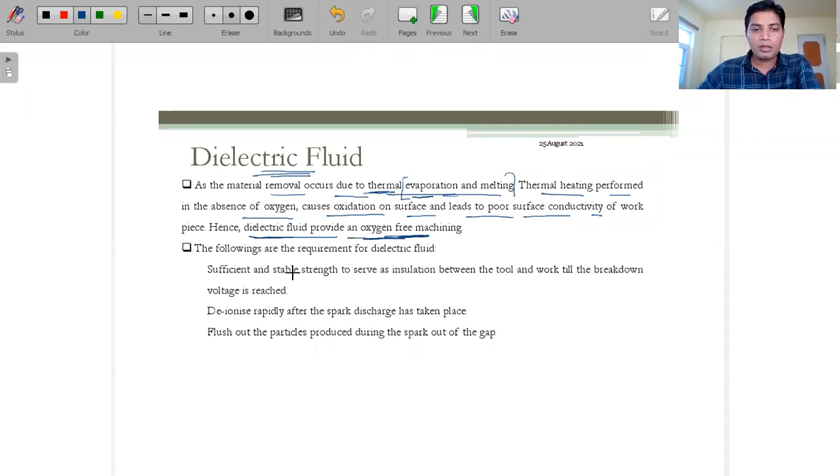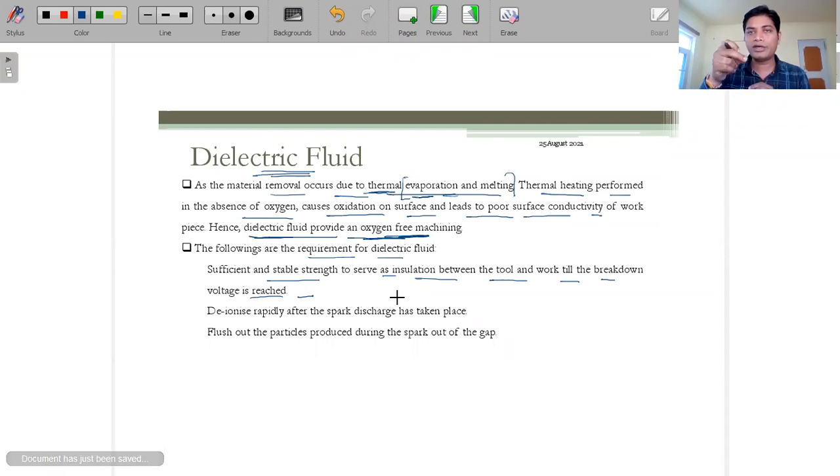Another thing is the requirements for the dielectric fluid that we have to keep in mind. It needs sufficient and stable strength to serve as insulation between the tool and the workpiece until the breakdown voltage is reached. Breakdown voltage means the ionized column is formed and we cut off the voltage, so up to that point it should be treated as insulation for the tool and the workpiece.